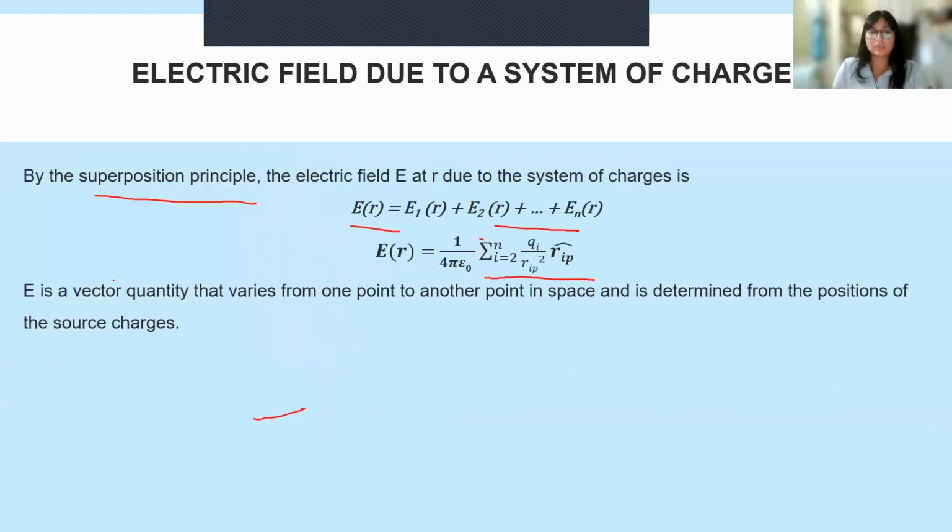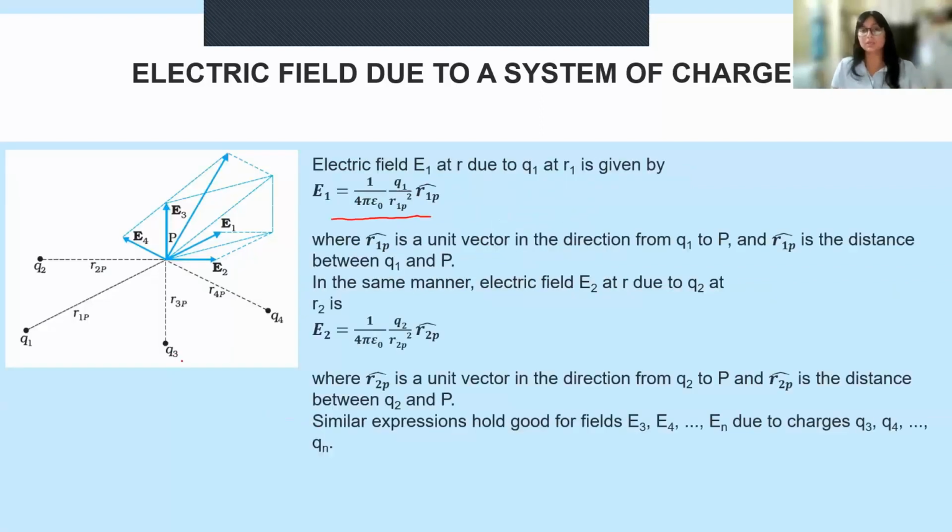That is why E is a vector quantity that varies from one point to another. If you change R within the system, you can find E at different points, and it will vary from one point to another point in space, and it is determined from the positions of the source charges. So for today we will go up to the electric field.